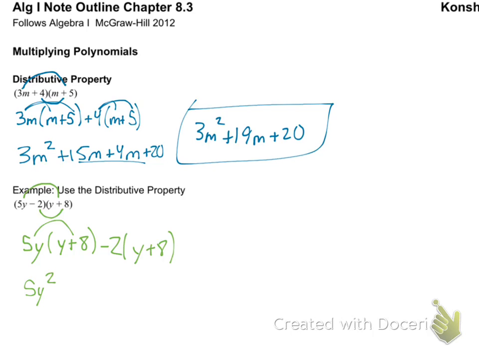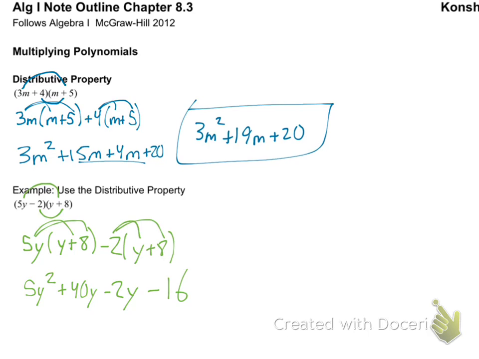Squared. And then 5y times 8. 40 what? 40y. Negative 2y. Then negative 16. Everybody's okay with this?